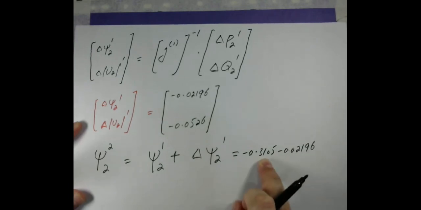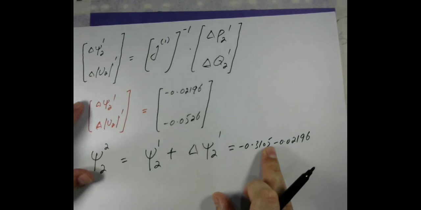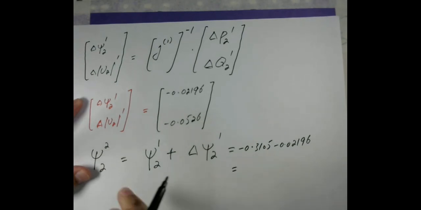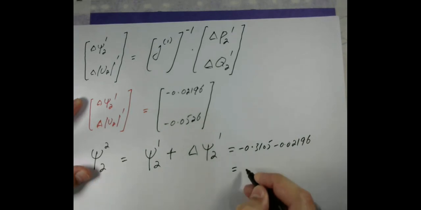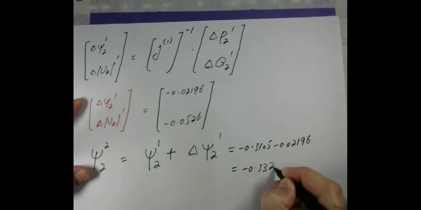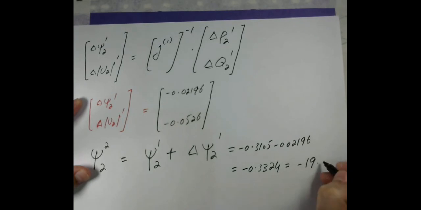So this was the psi 2 1, and this is the error. Adding the two, we get the next estimate, which is equal to minus 0.3324, which is equal to minus 19.04 degrees.